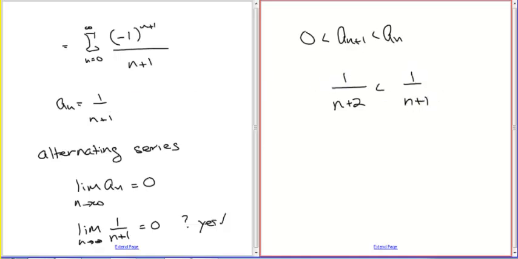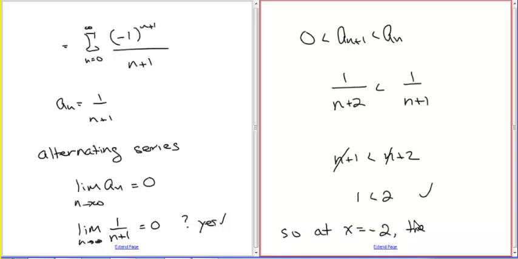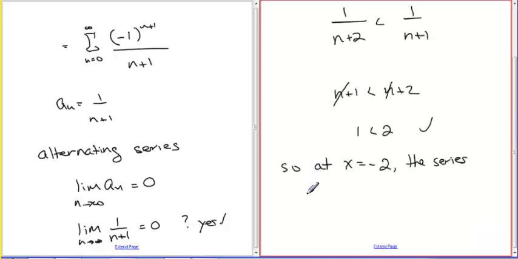So we cross multiply, these cancel out, 1 is less than 2. Yes, that's always true. So at x equals -2, the alternating series converges. So that means that -2 works out.